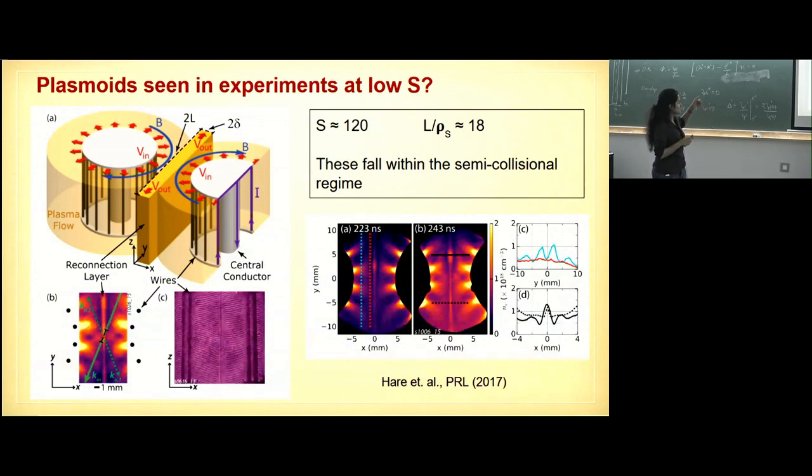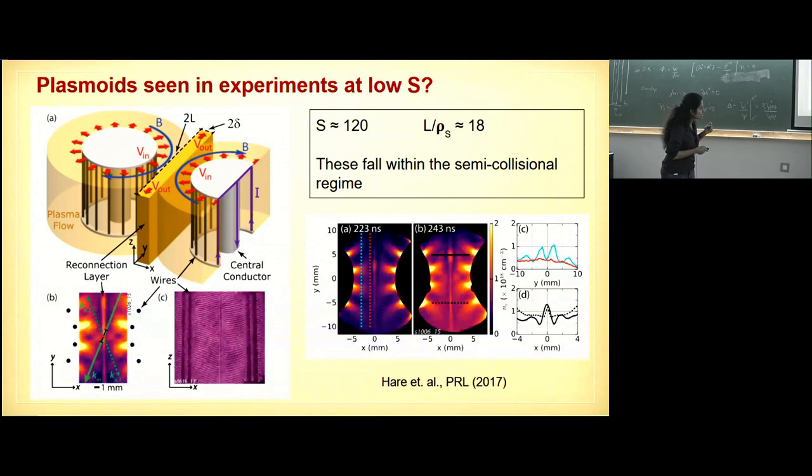So they have these magnets here, surrounded by carbon wires, and these carbon wires are ablated, so they form plasma and carry the reversing magnetic fields towards each other, and there is a reconnection layer that forms, and they look for plasmoids in this reconnection layer.